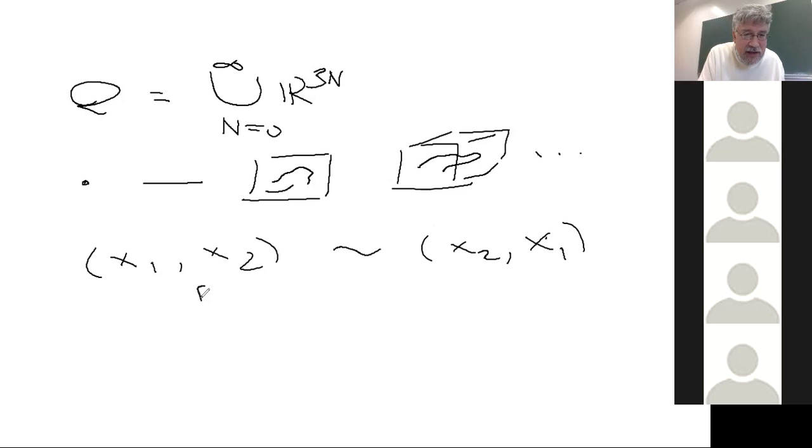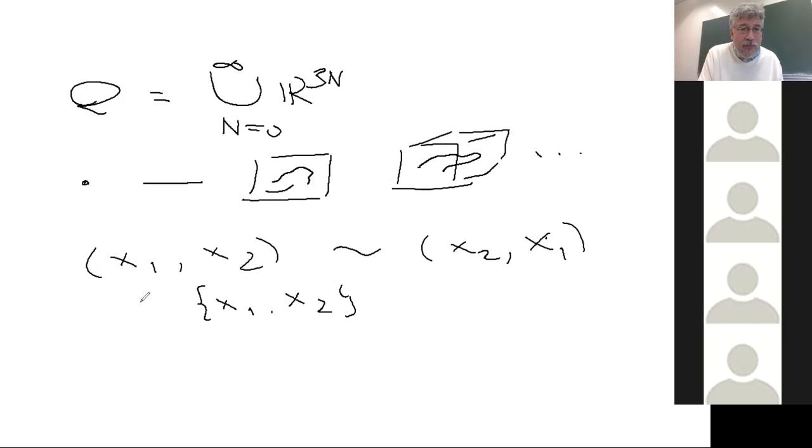An equivalence class could now easily be characterized by giving the set with these 2 entries instead of the n-tuple. So the n-tuple, an element of R3n, would be an ordered list of particle positions, whereas this would be an unordered list of particle positions.